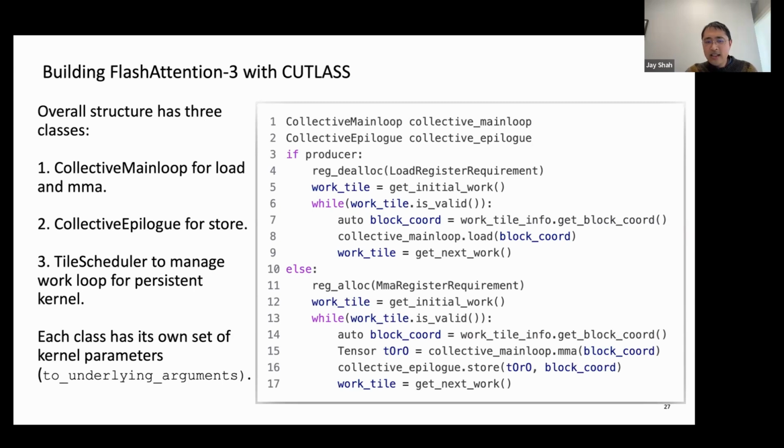And each class has its own set of kernel parameters. You pass them in the host using this to-underlying-arguments function. I won't discuss the mechanics of that. Suffice it to say that you have to, from the host to the device, have some sort of clean way of passing all of the parameters you need to do your work.